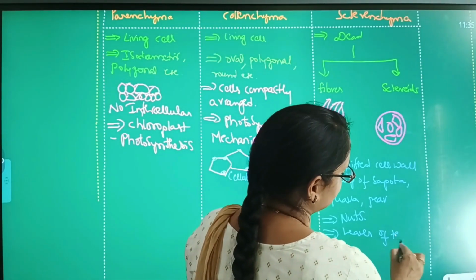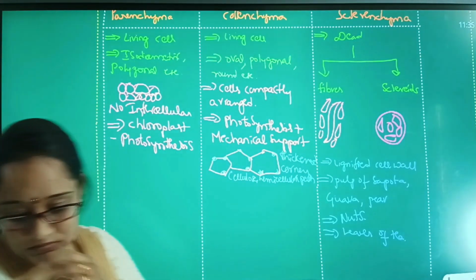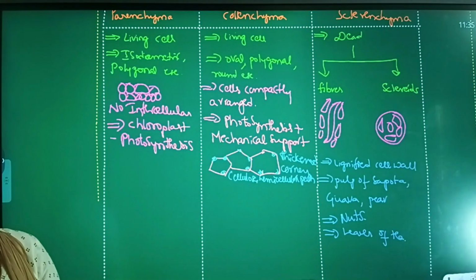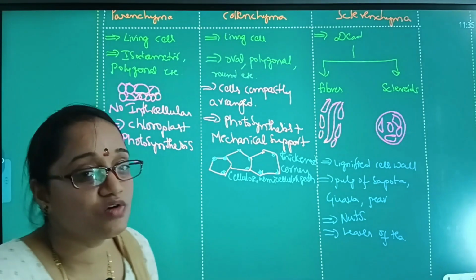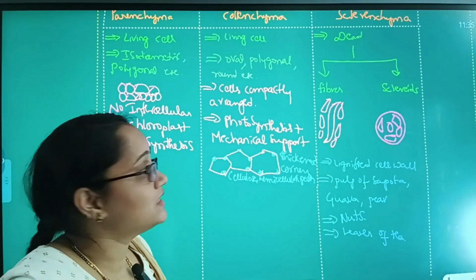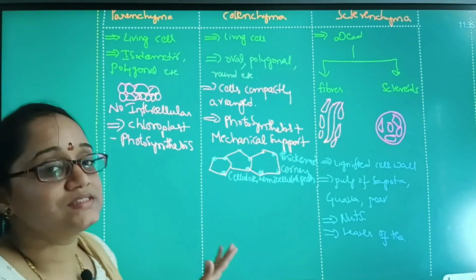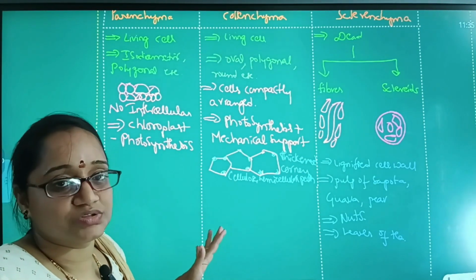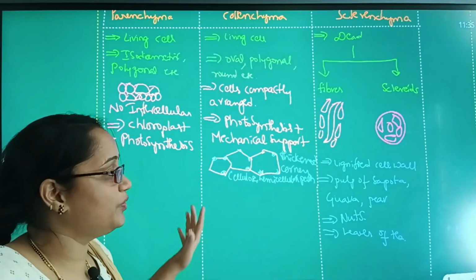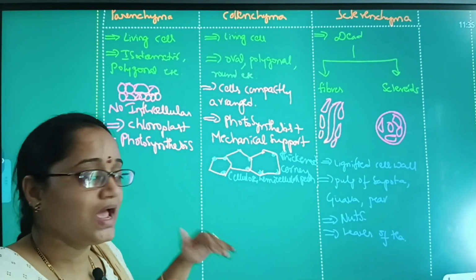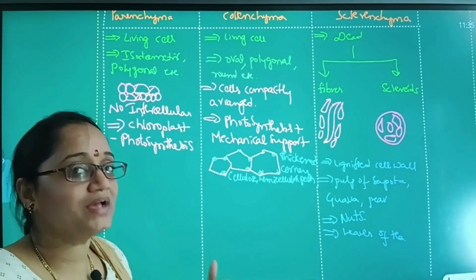In tea leaves also we can find this, and in seeds of legumes too. This is about completely simple permanent tissues. Hope you understood this very well. And next let us go for complex permanent tissues.